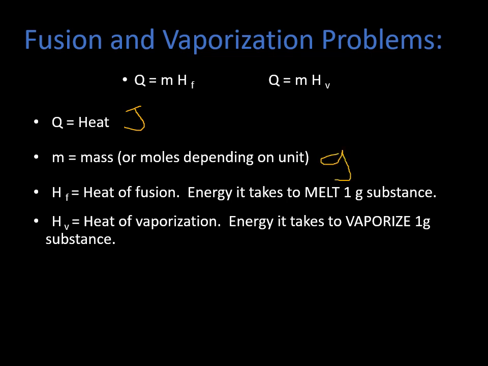And then heat of fusion, heat of vaporization, those could be any of those units from the previous page: joules per gram, kilojoules per mole, calories per gram. We'll keep it simple. And these are typically numbers that are given to you that you would plug into an equation. Again, they are unique for every substance.